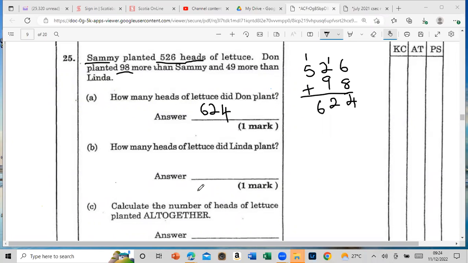Dan planted 98 more than Sammy and 49 more than Linda. You see that, guys? So they talk about Dan here. They gave you what Sammy planted, which is 526 heads of lettuce. Dan planted 98 more than Sammy, and so it's the same statement. So it's all about Dan.